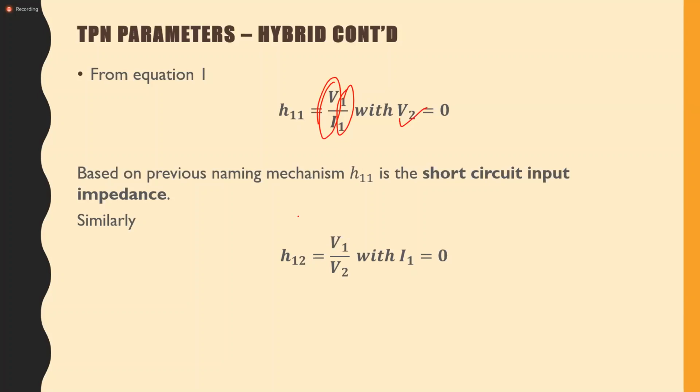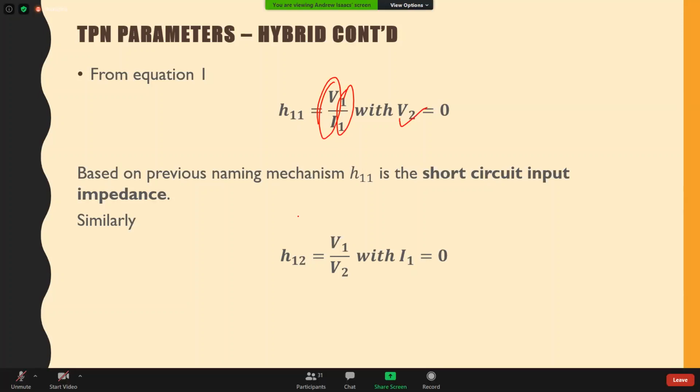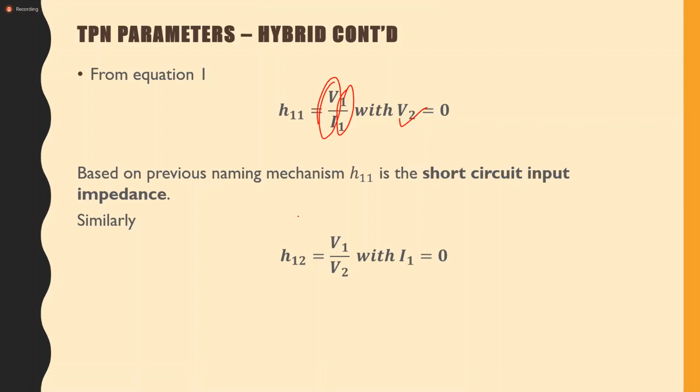All right. So if I1 is 0, what kind of parameter is it? If a current is made 0, it is a short circuit? Open circuit. It's an open circuit. Excellent. So it's an open circuit because you're making a current 0. All right. So we know it's open circuit.